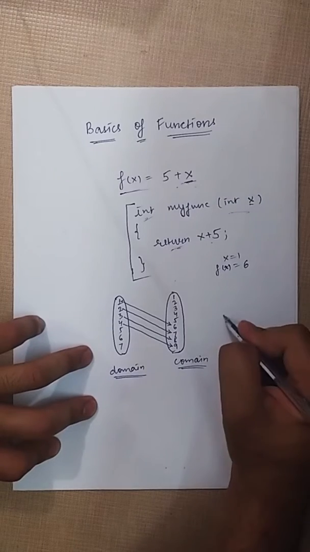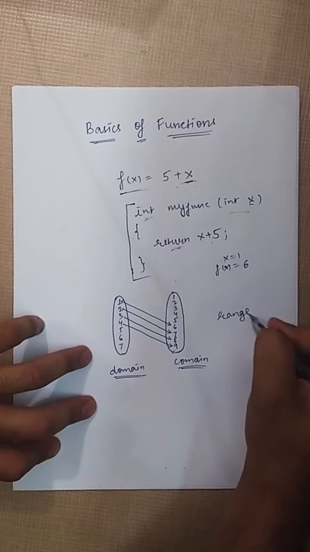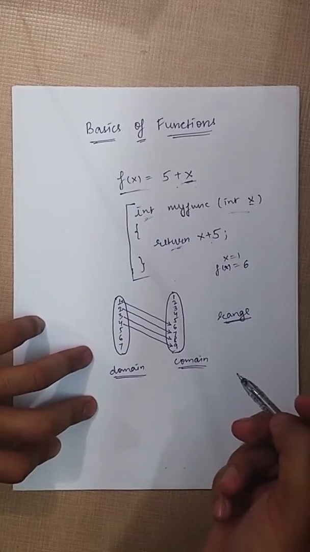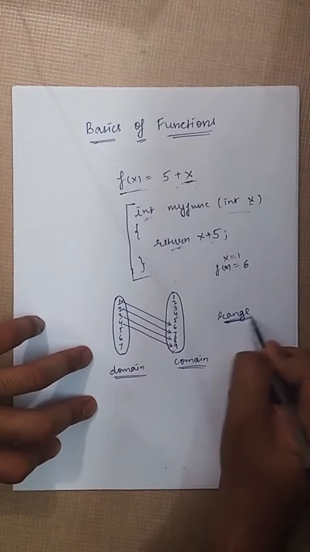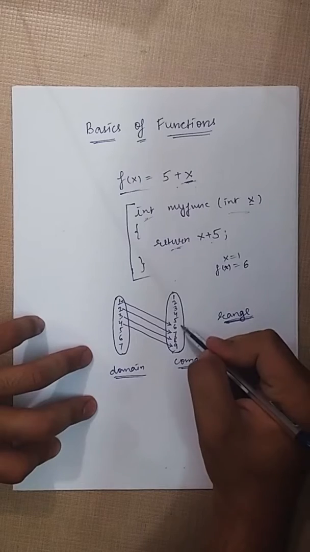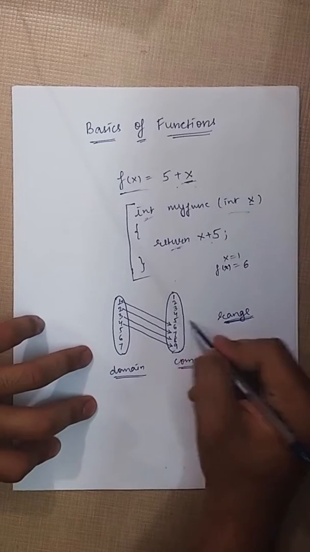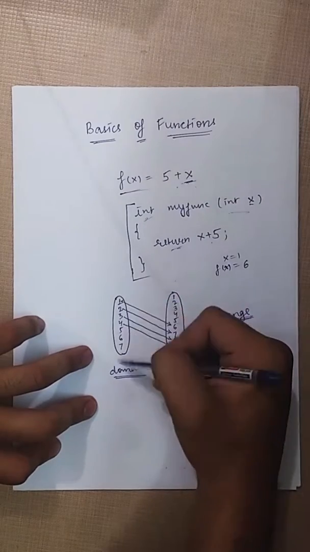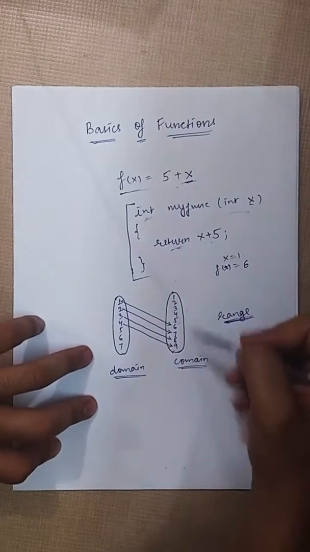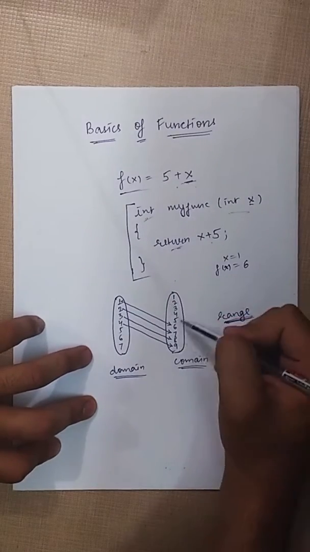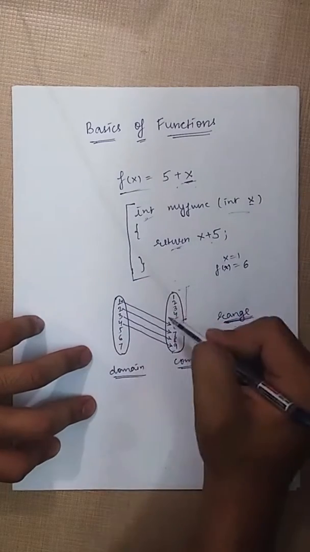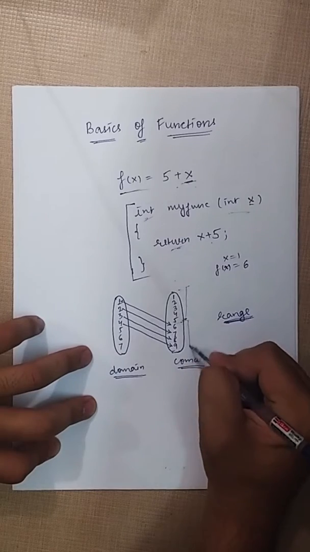Now there is another word called range. What is the range of a function? A range is basically those elements from the codomain which have been mapped, which are covered. Here the domain is a set of natural numbers and the codomain is a set of natural numbers, but there are some numbers which have not been covered, and there are some which have been covered.